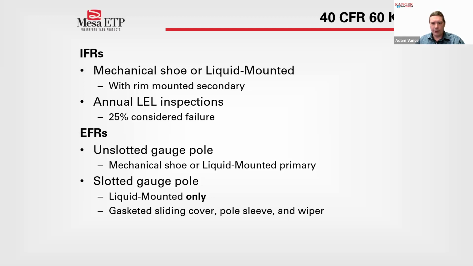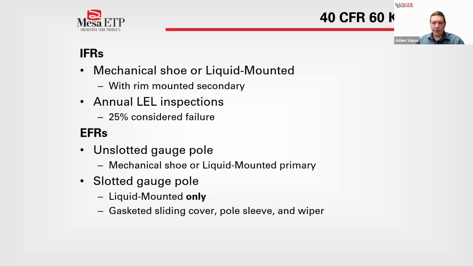And again, a liquid mounted seal would be, as Dave was showing, with the seal mounted directly on the liquid surface, where the mechanical shoe is mounted a little bit higher than the liquid surface, creating a vapor space. Additionally, to those new rim seal requirements, there would be annual LEL monitoring and inspection required.